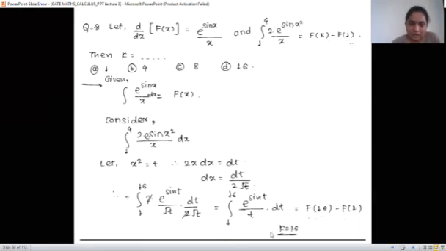So it is f of x, but we have limits for that also. So upper limit is 16, lower limit is 1. So f of 16 minus f of 1, so your k is 16. Getting? Any doubt? Please ask. Okay, then we move ahead.